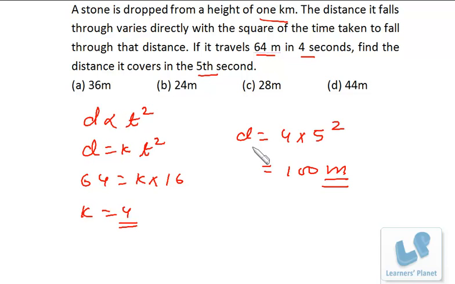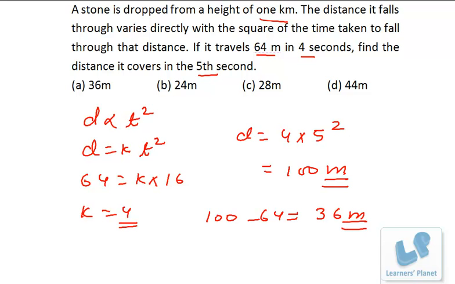Now friends, this distance is actually the distance covered by the stone in 5 seconds. And we have been given the distance covered by the stone till 4 seconds is 64 meters. That means in the fifth second it must have covered the distance of 100 minus 64. I hope you are getting it. So 100 minus 64, that is 36 meters.